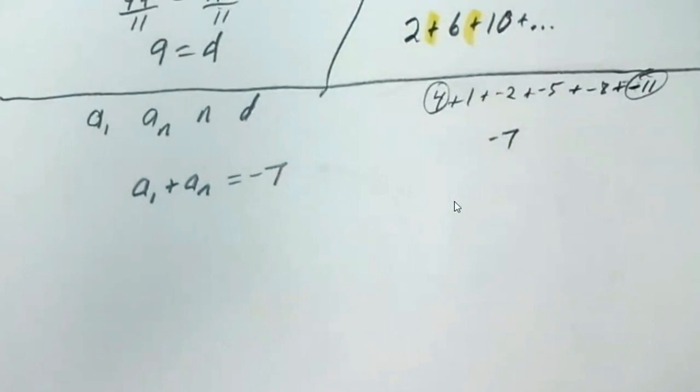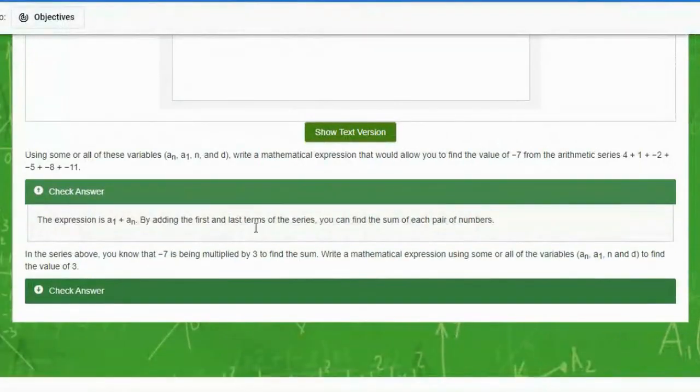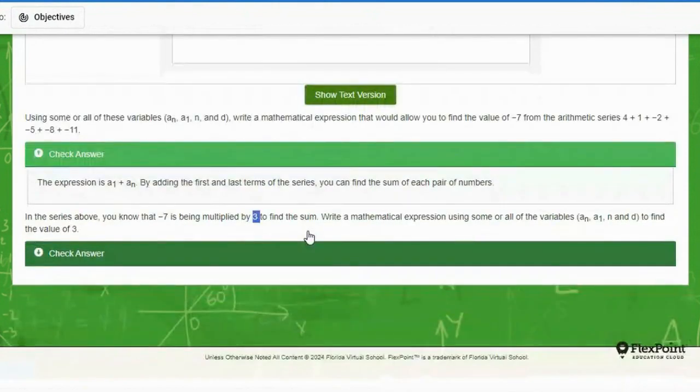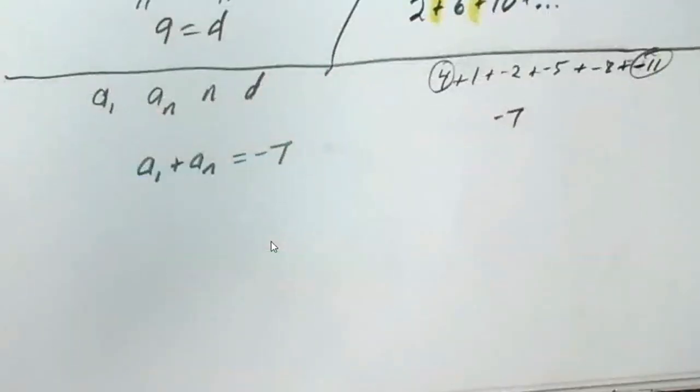All right, so all they wanted us to do on that, let's check our answer. There it is. A sub 1 plus A sub n was able to do that. That's how they did that in the video. And we know that's being multiplied by 3 to find the sum because they did it 3 times. -7 plus -7 plus -7. So how can we get a value of 3?